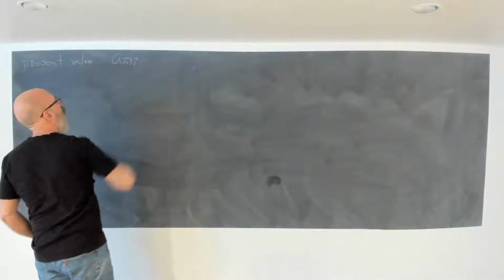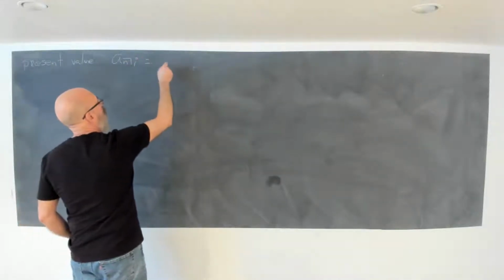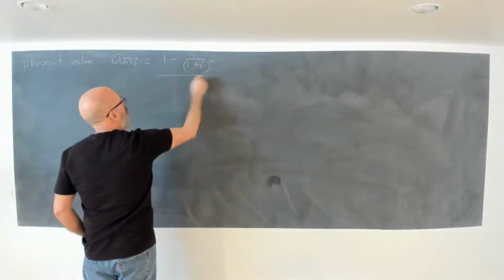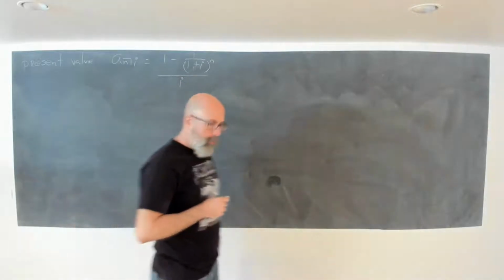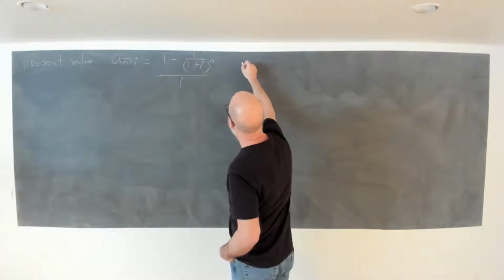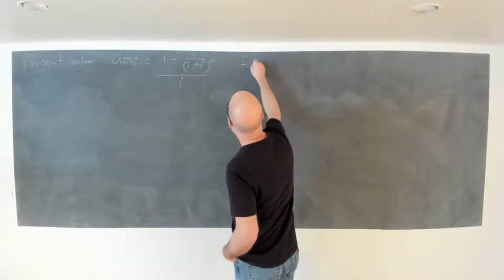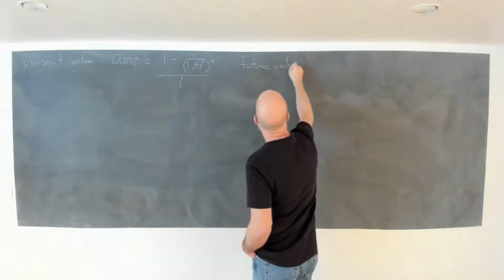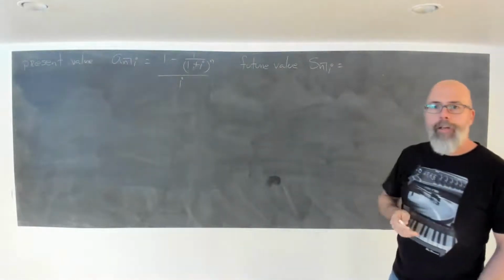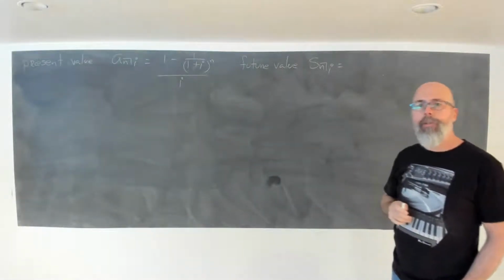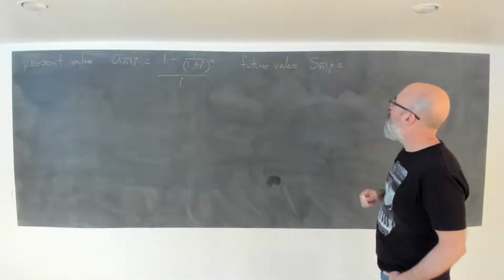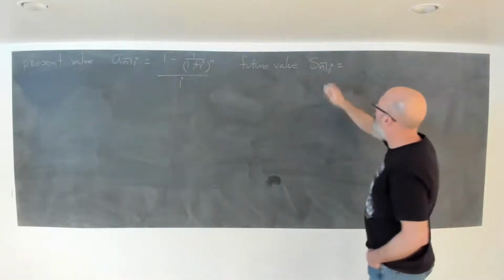We denoted that by A_n at I, and we saw that that was (1 minus 1 over (1 plus I) to the n) over I. We also saw the accumulated value or future value, S_n at I. Again, future value of $1 payments made at regular intervals for n payment periods at interest rate I per period.